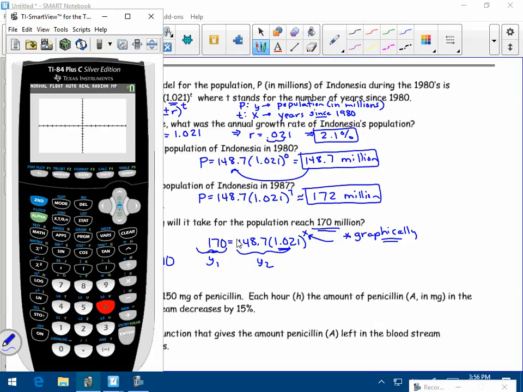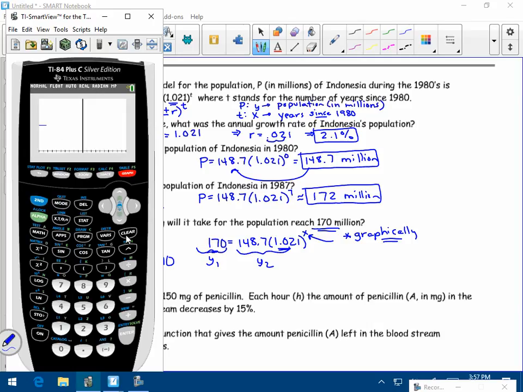Now the hint is this y1 of 170. I definitely have to see 170, and that's a y value. So what I would do is I would go to window. I'd make your y value at least 170, and as a good rule of thumb, I like to double it. So double 170, what's that going to be? It's going to be 340.